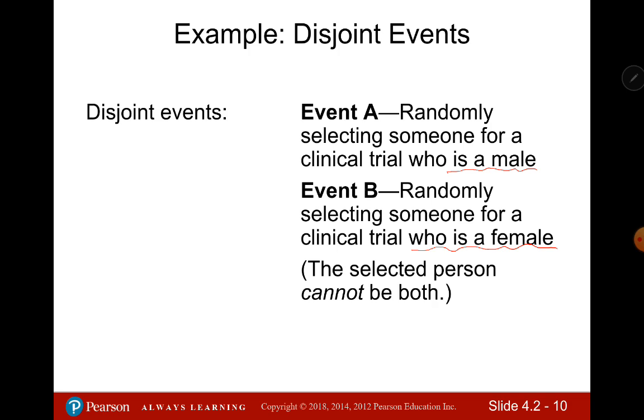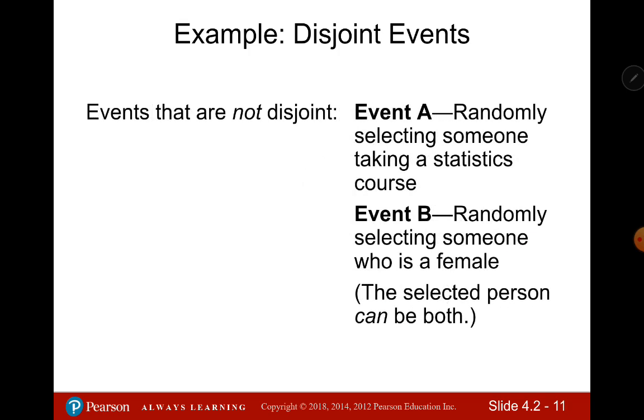So we will say they are disjoint. Event A, select a female. Event B, the subject is a male. These two events are disjoint. They cannot happen at the same time because the subject cannot be both female and male.